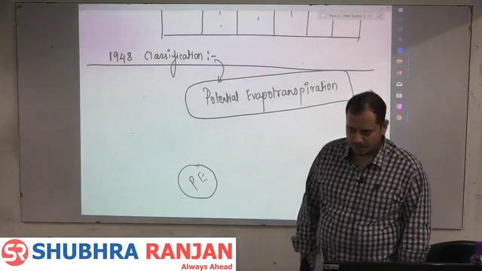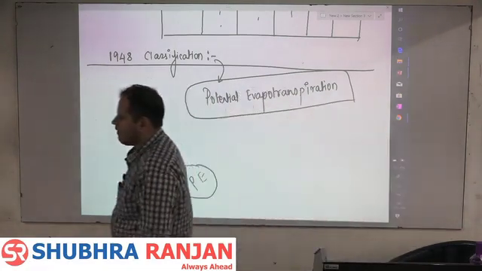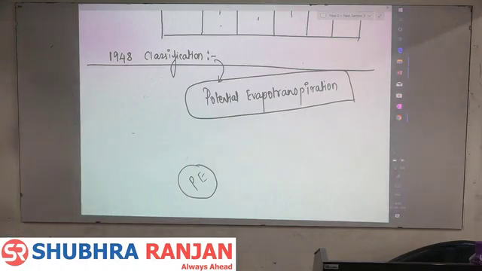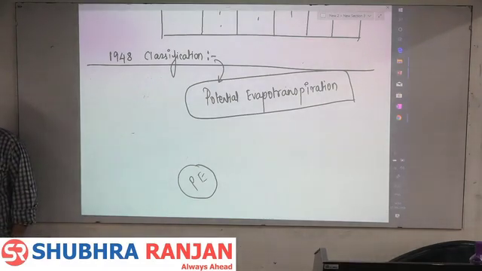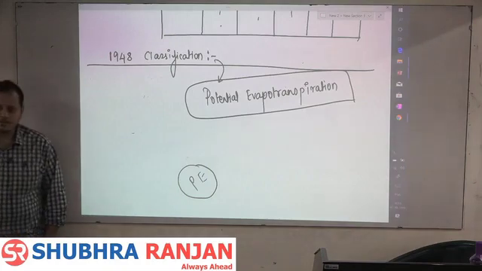Full stop. Read the statement again. Plus transpiration, transpiration from plants. That is the loss of water from the plants. Right? So what is potential evapotranspiration? Loss of water from the ground plus from the plants.